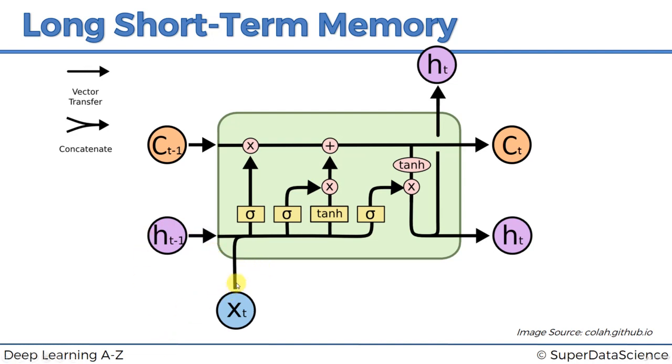The best way to imagine it is that these 2 lines are running in parallel, that you're not actually combining. Concatenation means that you're combining these 2 vectors on top of each other, but I think it's even easier to understand if you just think of it as two pipes running parallel to each other. You've got one pipe going here and the second pipe going here. Then these same pipes go here and then they attach to that. So basically you have two pipes running in parallel feeding into these neural network layer operations.